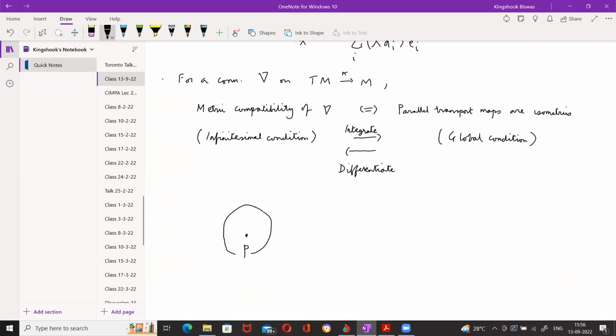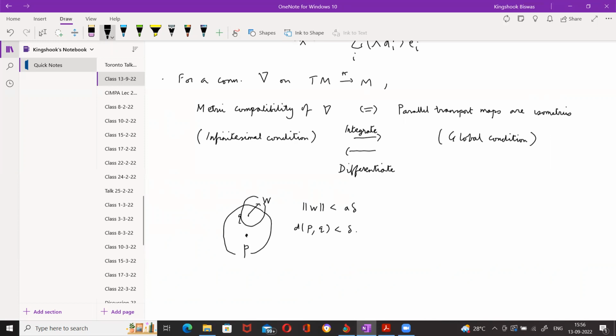If I take q close enough to P, and I take a vector w at q which is small enough, so norm w less than a delta, and distance pq less than delta.